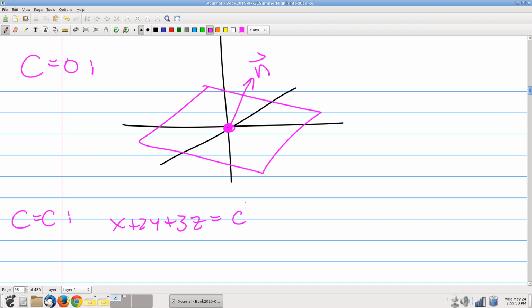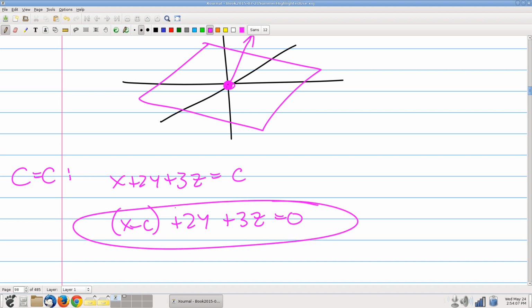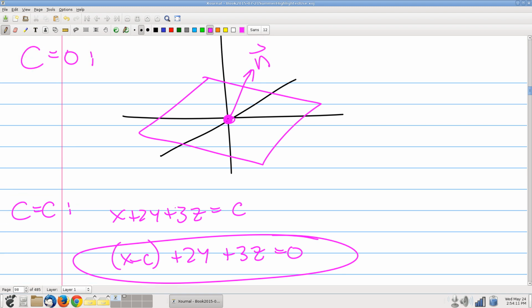I could rewrite this, a clever move, as x minus c plus 2y plus 3z equals 0. Said differently, this is what you get when you translate the c equals 0 plane by plus c in the x direction.